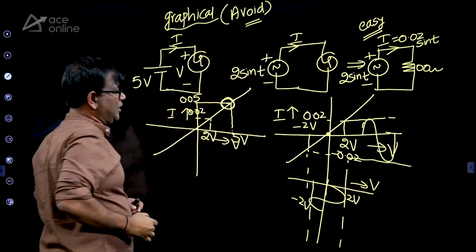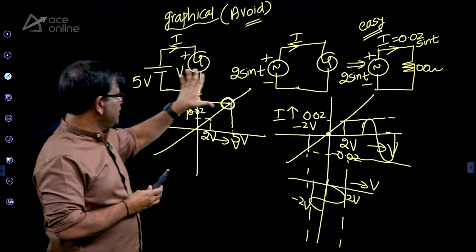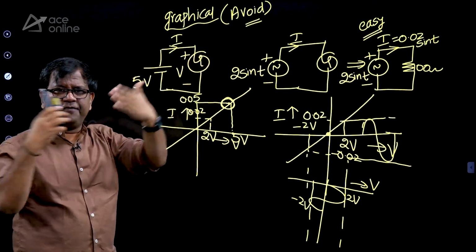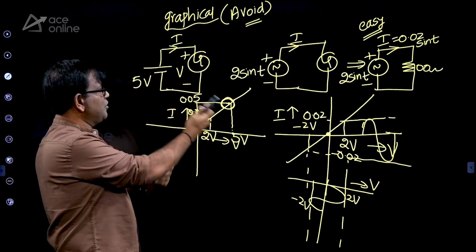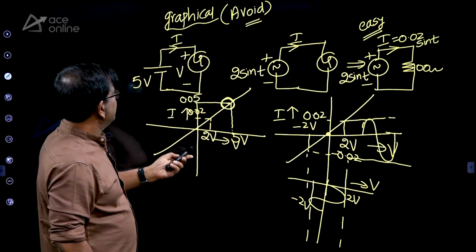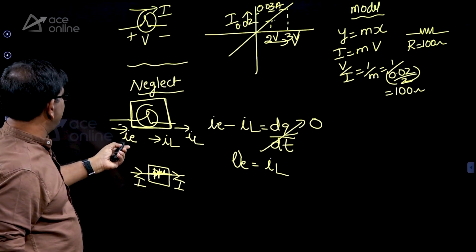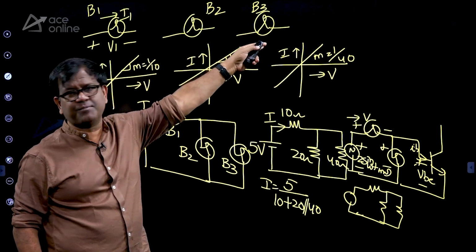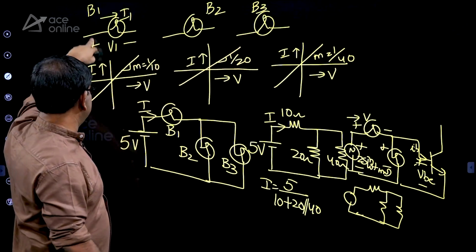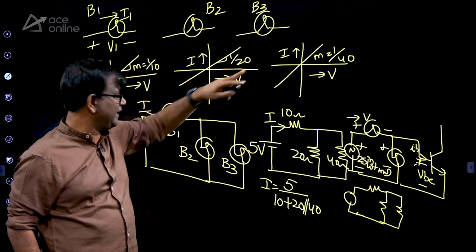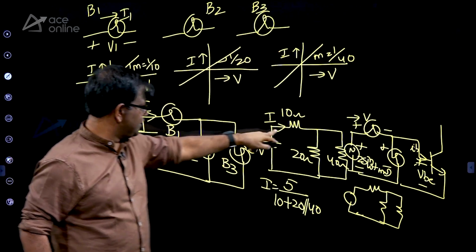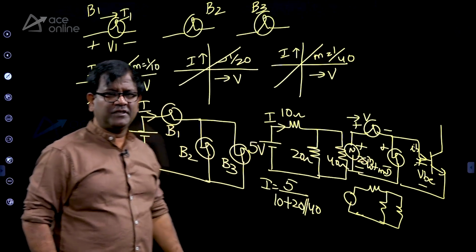Avoid, don't try it, because for one transistor you can do it. But if a couple of transistors are given, every transistor characteristic you cannot superimpose. But you can see how easily we have done a 3 characteristics problem. So you can imagine this is a characteristics of a diode, this is a BJT, this is a MOSFET or something like that. We have replaced all these devices by equivalent circuit and solved.